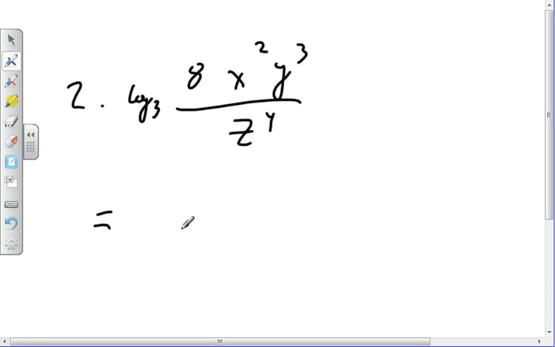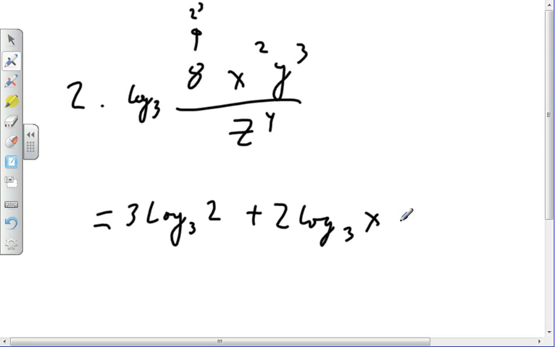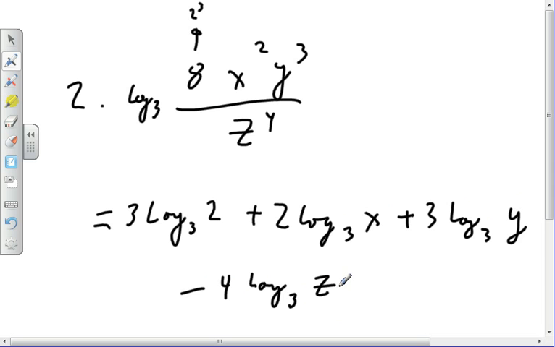So I have 3 log base 3 of 2, because I recognize 8 as 2 cubed, so I'd break that out too, plus 2 log base 3 of x plus 3 log base 3 of y minus 4 log base 3 of z, and I'm all done.